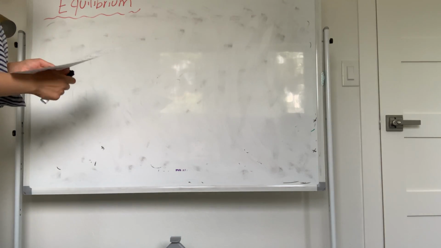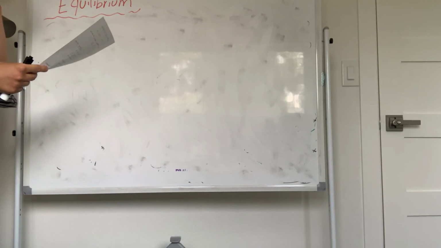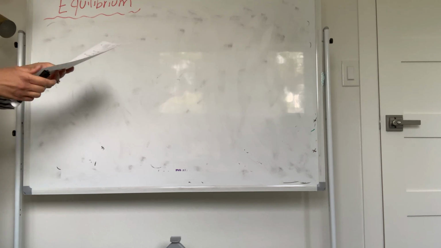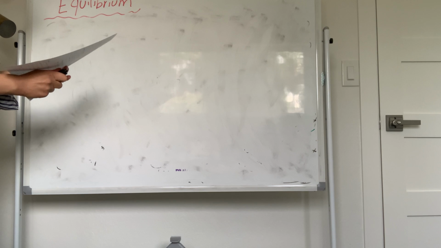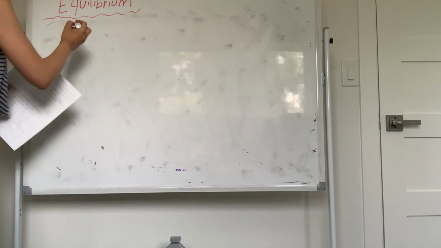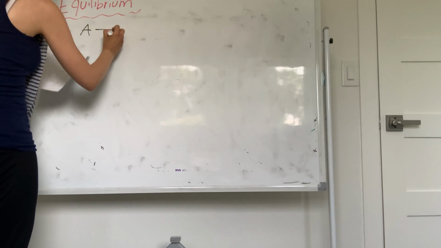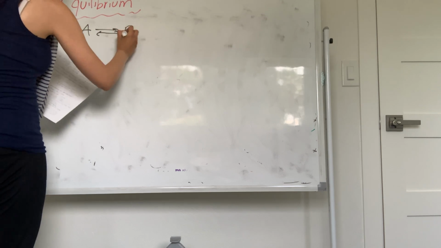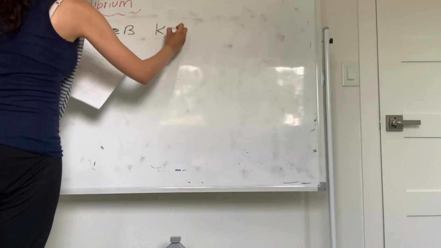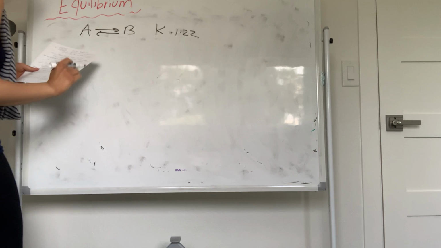All right, now, how do we calculate? Actually, you know what? Let me give you a practice problem. Let's say we have A going back and forth to B, and my K is equal to 1.22.